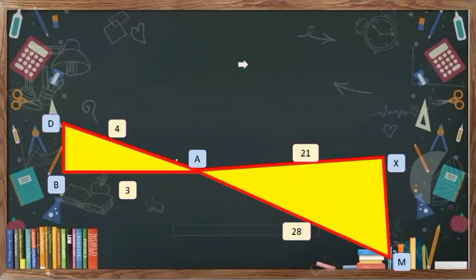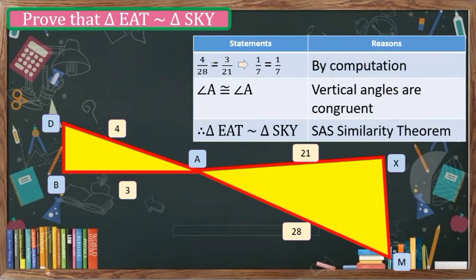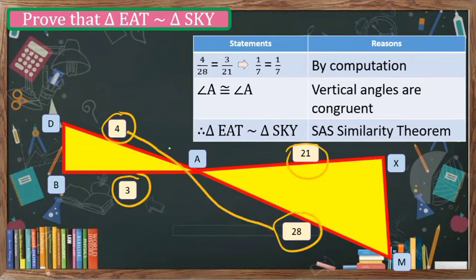Another. So we're going to prove whether these two triangles are similar according to the measurement of their sides and angle. So I have here a table. We only have two given sides, which are 4 and 3, and 21 and 28. So 4 corresponds to 28, that is DA and AM.